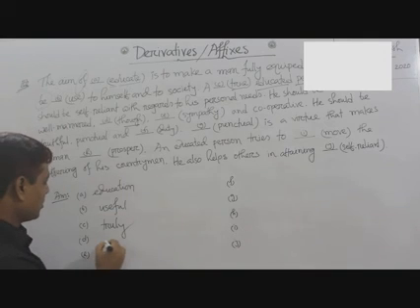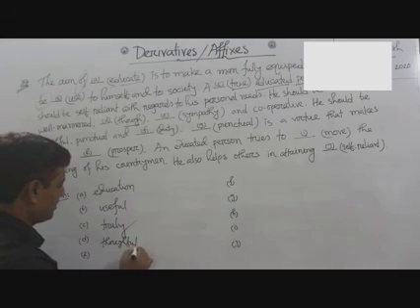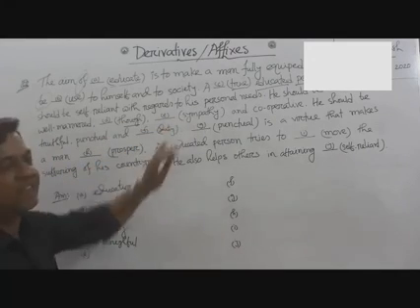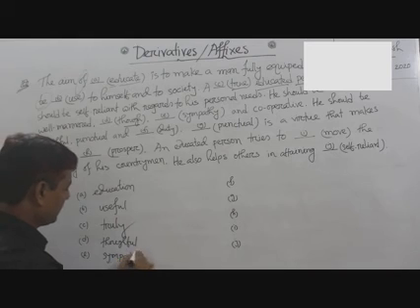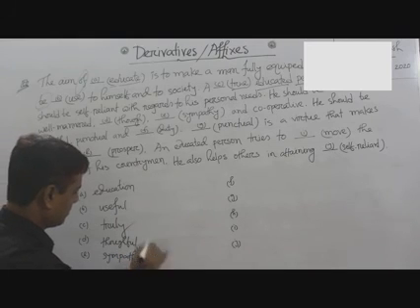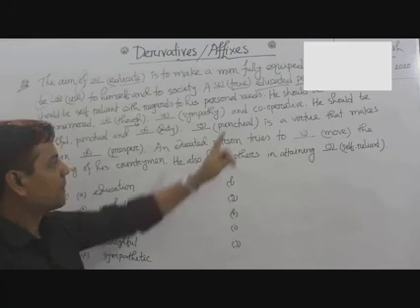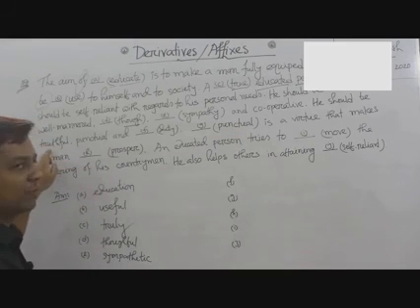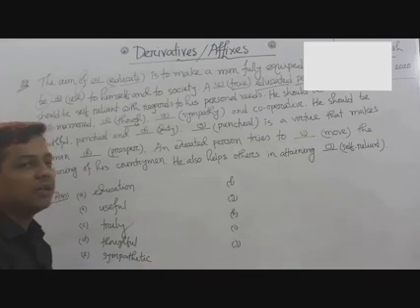The adjective form of thought is thoughtful. Well-mannered, thoughtful. Sympathy, the adjective form of sympathy is sympathetic. Sympathetic. Well-mannered, sympathetic, and cooperative.